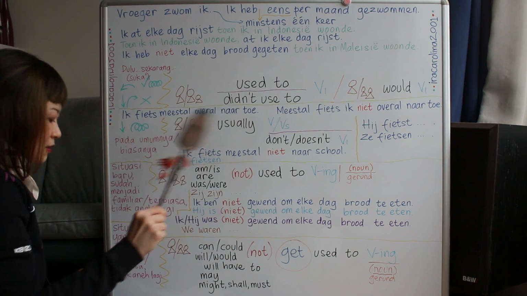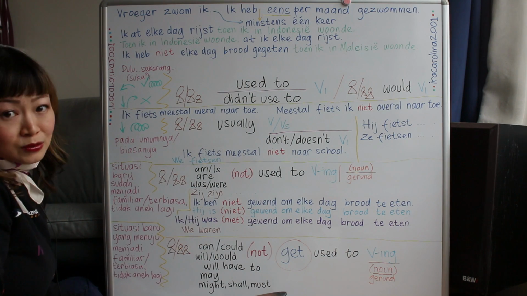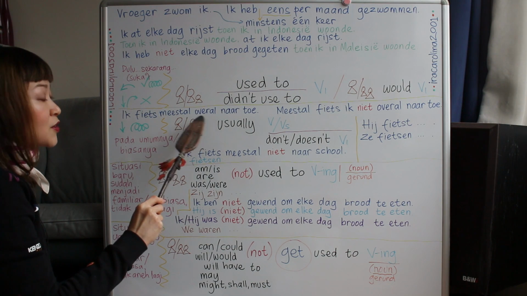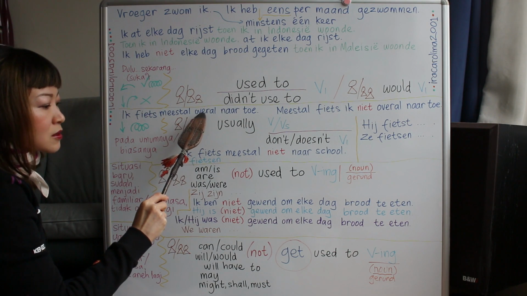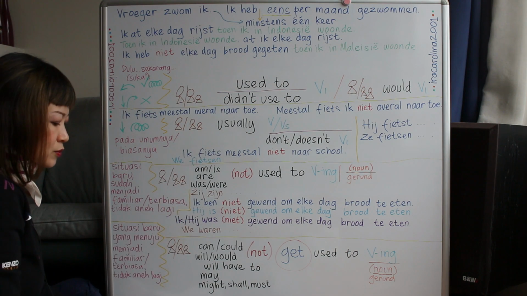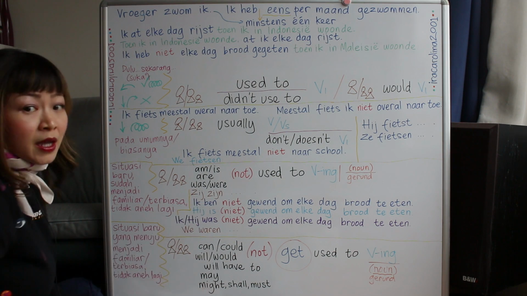But the perfect way is you put the naartoe, even though you already used the overal. If you translate this one is everywhere, but again you put the naartoe to make it really complete, to say everywhere.